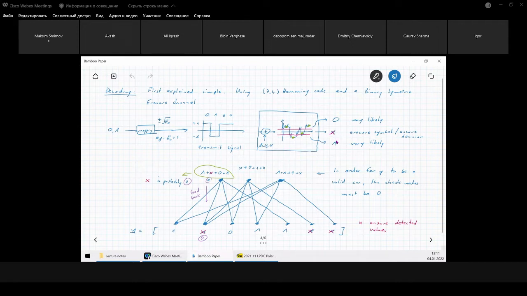We use a more complicated channel model, but the principle is the same. So what information can we extract from the other bits on the bit that we are looking at? And in this case, we can conclude from the bits which are linked over this check node 1 to this bit node down here that it is very likely that this bit must be a 0.